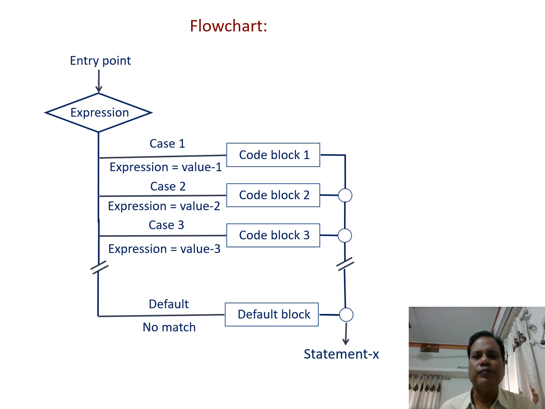The result of this expression is compared with each case listed in the switch statement, and when it becomes equal to any case value, that block of statements is executed and then control goes to the next statement, statement X. If suppose the expression value doesn't match case 1, then it is tested with case 2, and if no case value is found equal to the expression value, then the default case, if present, is executed, and after execution of the default block, control goes to statement X.